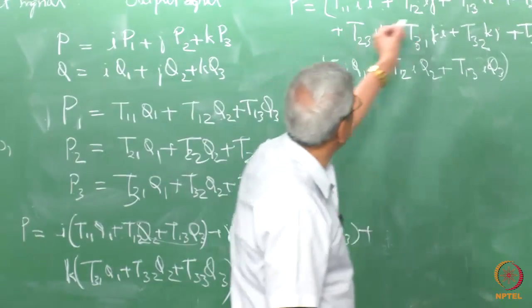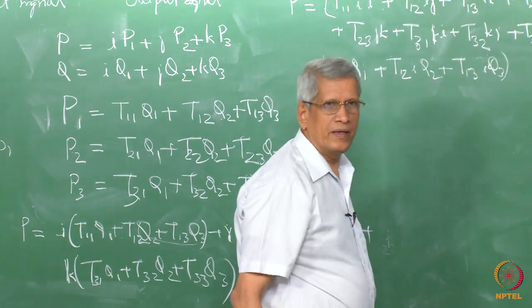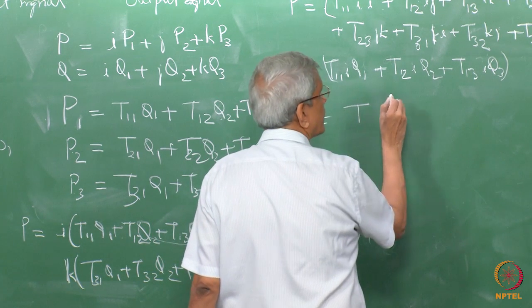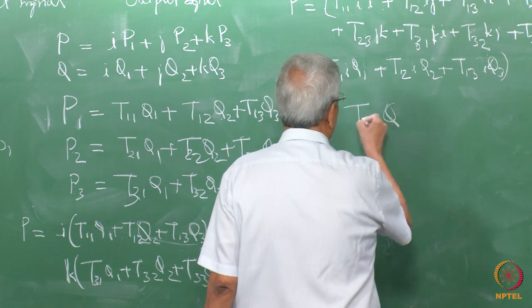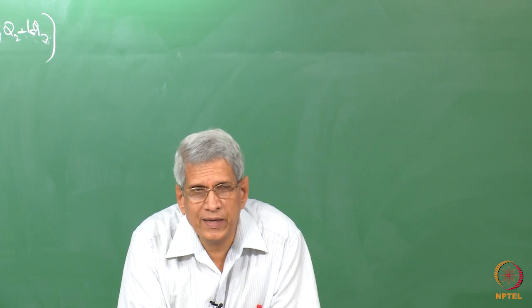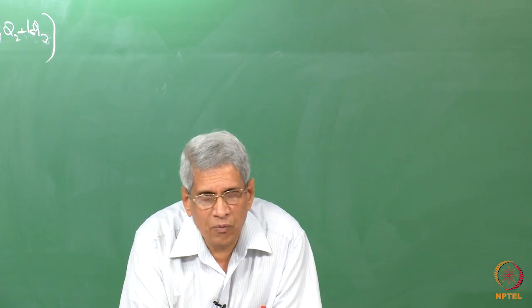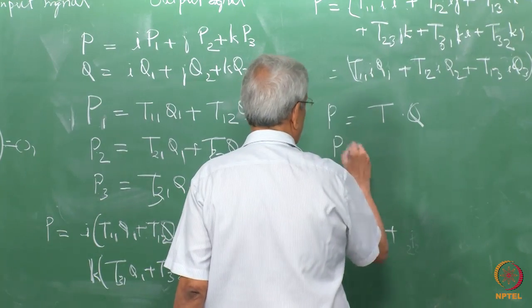So what we have now done is written this as an operator, that is P is equal to an operator T, like a dot product between the operator and Q. Writing it this way is laborious and tedious. What is the way in which we can write it? This itself can be written in terms of the components.